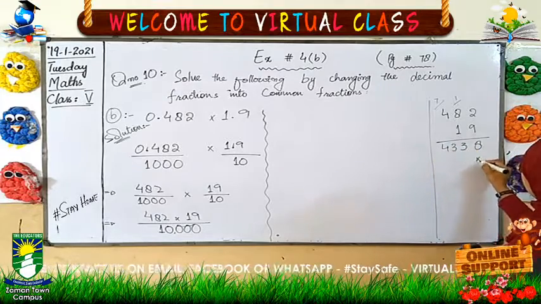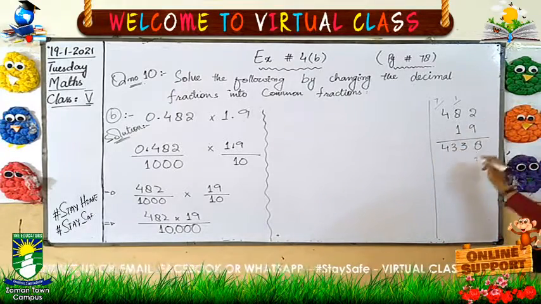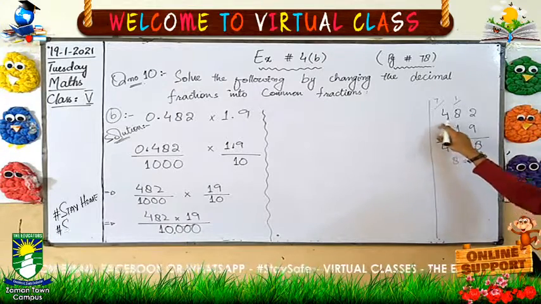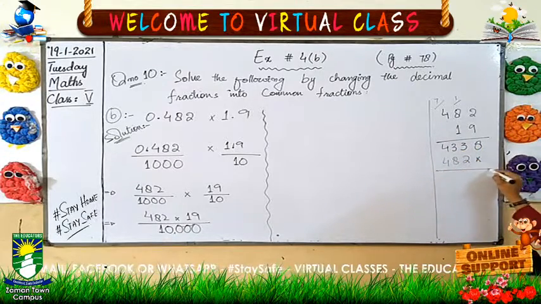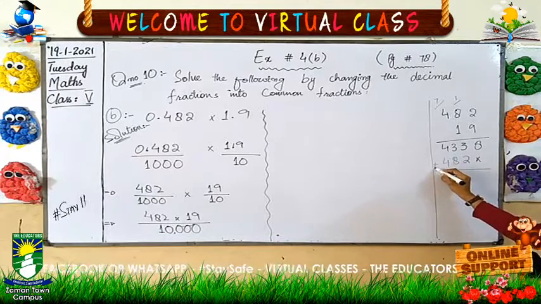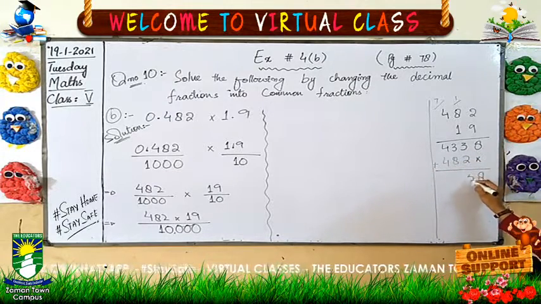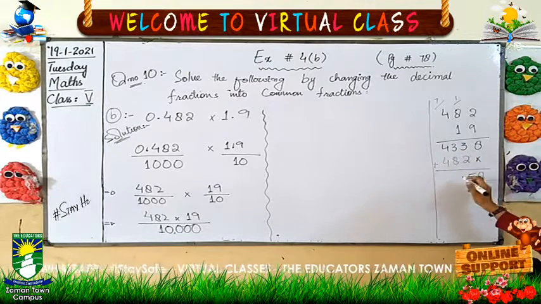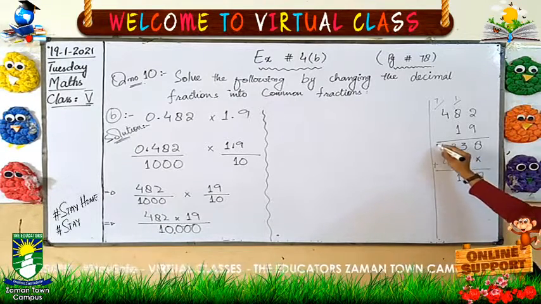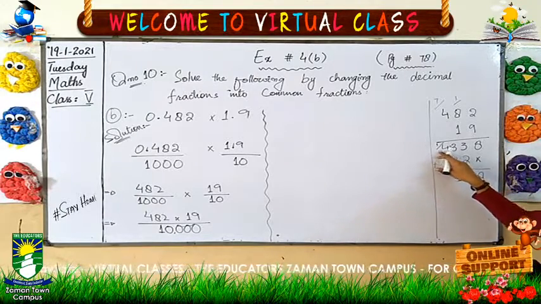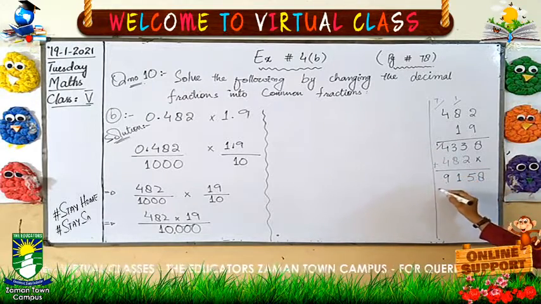Will be written. Then we will multiply by 1. 1 two is 2. 1 eight is 8. 1 four is 4. Okay. Doing addition: 8 will be written here. 3 plus 2 become 5. 8 plus 3 become 11. 1 will be written here and 1 will be carried. 4 plus 4, 8 plus 1, 9.